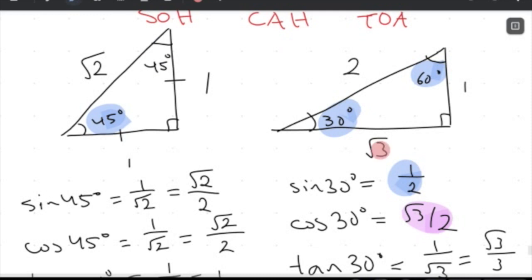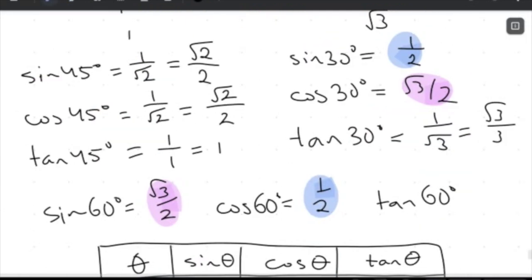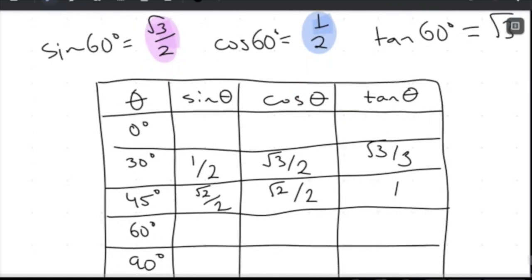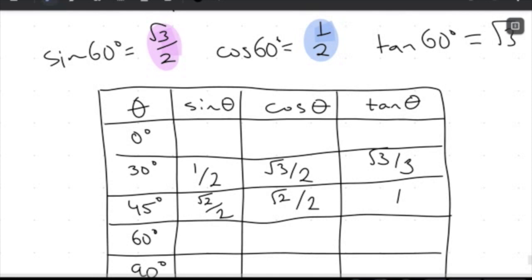That is my opposite over my adjacent. So root 3 over 1, which just gives me root 3. Okay, let's plot these in, and we can finally move on to talking about these other bits. 1 over 2, and we have root 3.